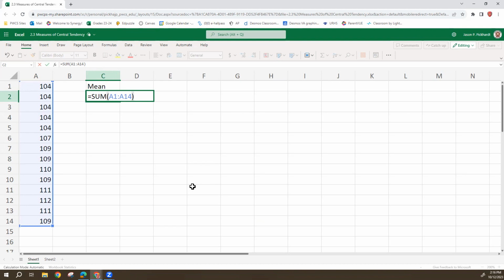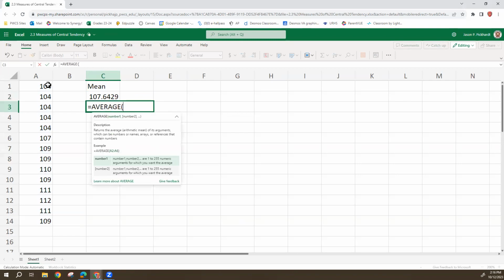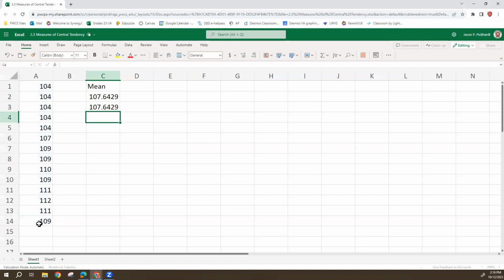So then we could divide by 14 data points. And we would get a mean. The other way we could do it is we could say equals and type average. Select our data points and hit enter, and it will give us the mean.